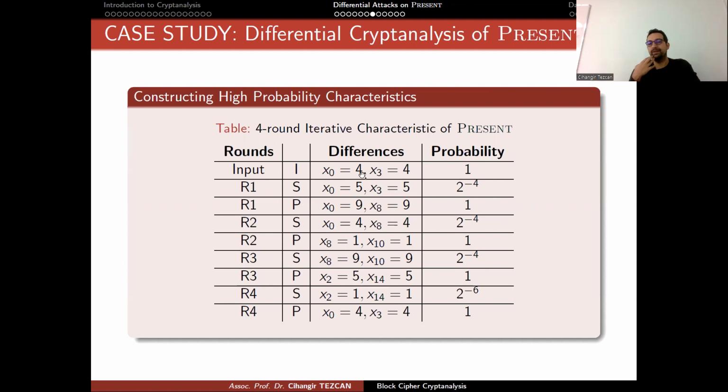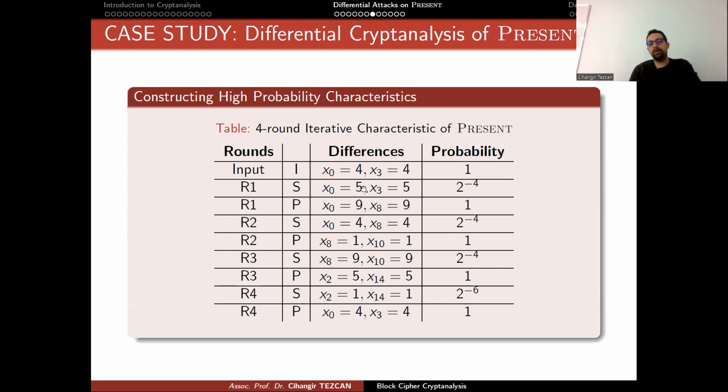But we have already seen that having the input difference 4 and the output difference 5 has probability 1/4. But now we are expecting to see the same in 2 S-boxes. So 1/4 times 1/4 means 1/16, which is 2 to the minus 4. So with this probability, once we have this input difference, after the S-box layer, the output difference will be this.